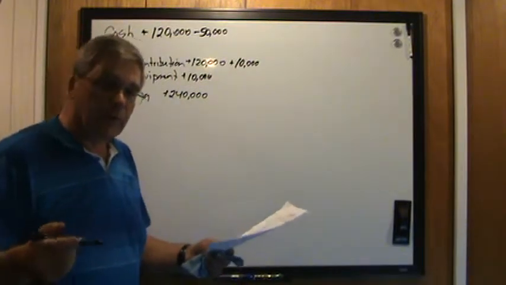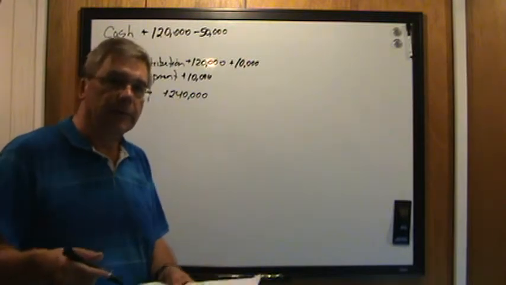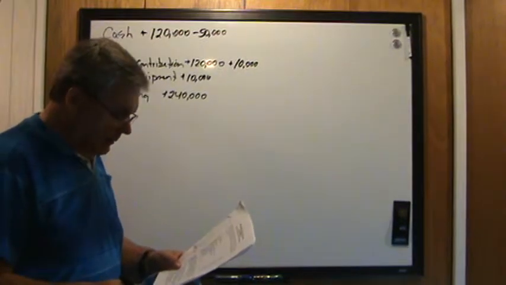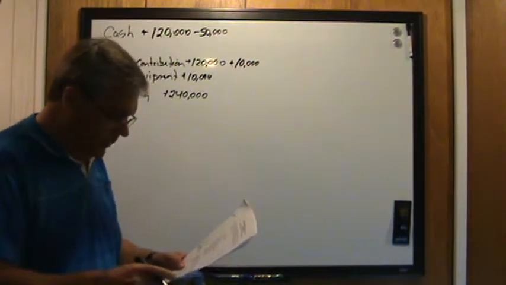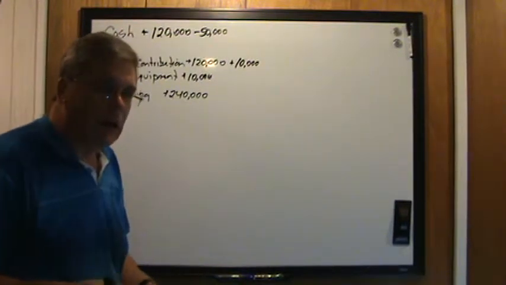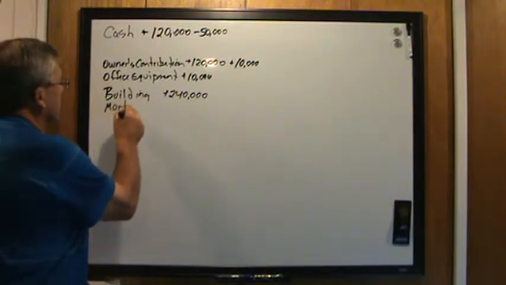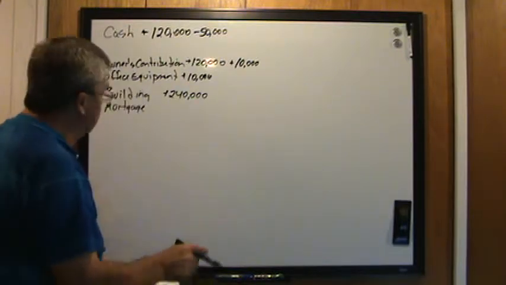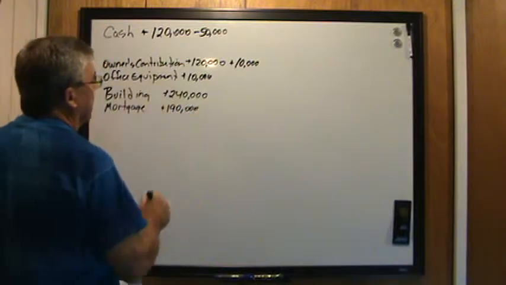A mortgage is a typical name for a loan used for real estate, land and buildings. So she took out a mortgage for the remainder, to be paid over 10 years. We don't really need to know about that in this case. But the mortgage, which is a long-term liability, is $190,000. So it increases by $190,000.